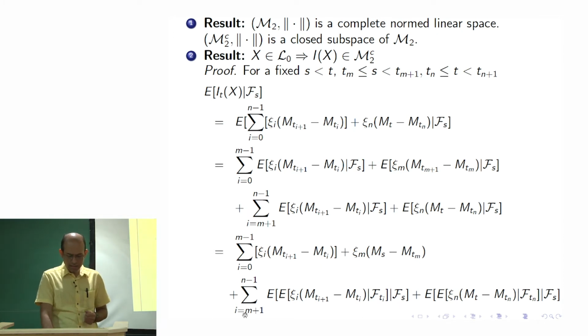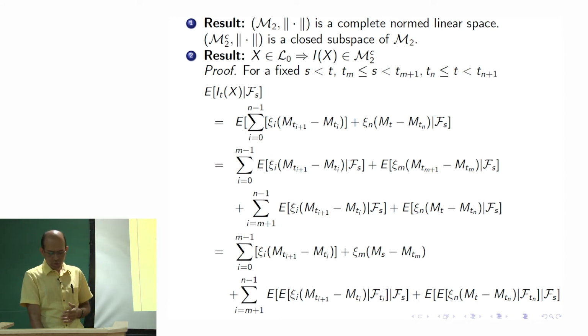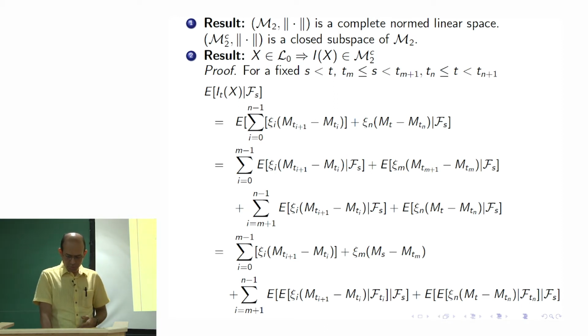What is i here? i is m plus 1 to n minus 1, so i is at least m plus 1. So, t_i is t_{m+1} or more, but s is less than t_{m+1}. So, this is a finer sigma algebra than F_s, and we can use this tower property. We write the expectation of xi_i times M_{t_{i+1}} minus M_{t_i} given F_{t_i}, and then condition again given F_s. So, this term is rewritten this way.